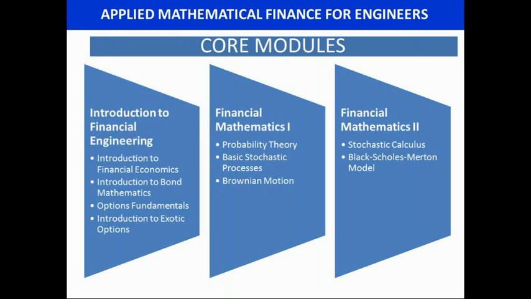Thereafter, one goes into learning Financial Mathematics, which covers probability theory in depth, then covers basic stochastic processes, then has a very thorough understanding of the Brownian motion and the maths behind it. Then one goes into some advanced mathematics like stochastic calculus, and then solving and building the Black-Scholes-Merton model, which is the heart of quant finance.